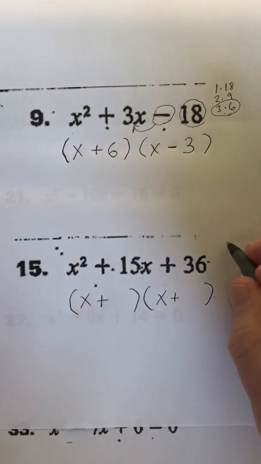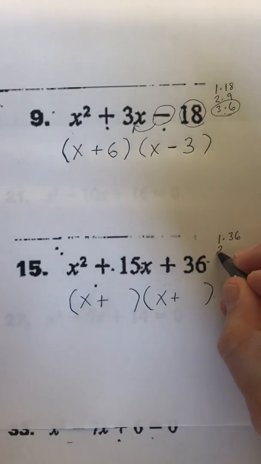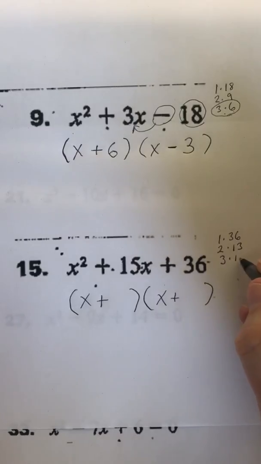All right, our choices are 1 times 36, 2 times 18, 3 times 12, 4 times 9, or 6 times 6.